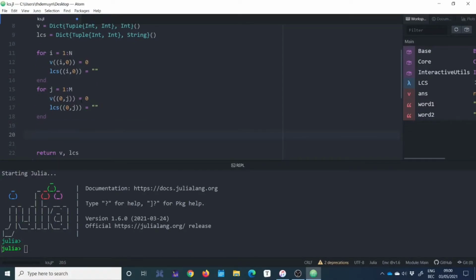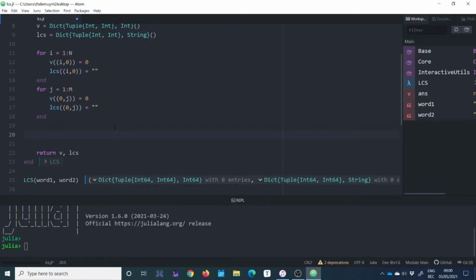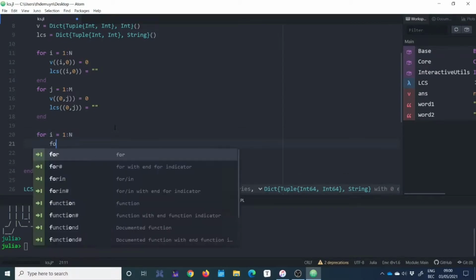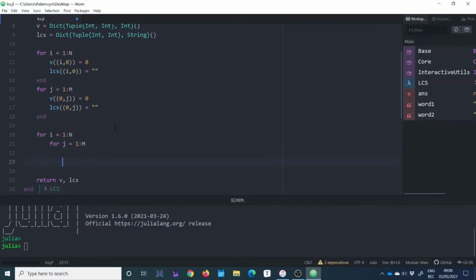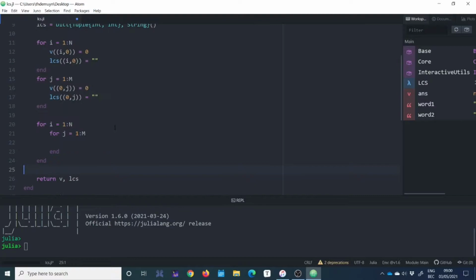So these are the base cases, and now we have to do the real work. For the length of word 1 from 1 to n, for the length of word 2 from 1 to m. Let me close the loops first. There are three cases.